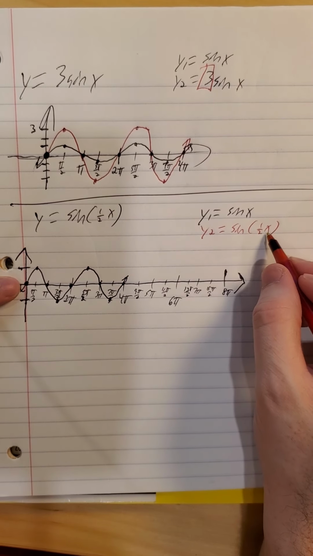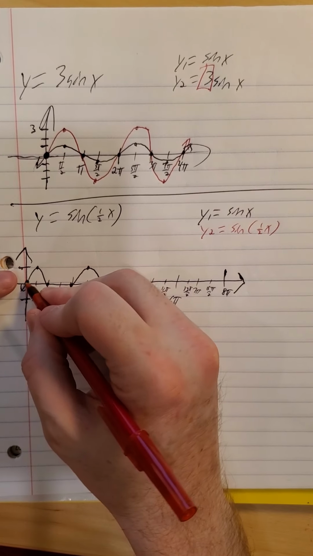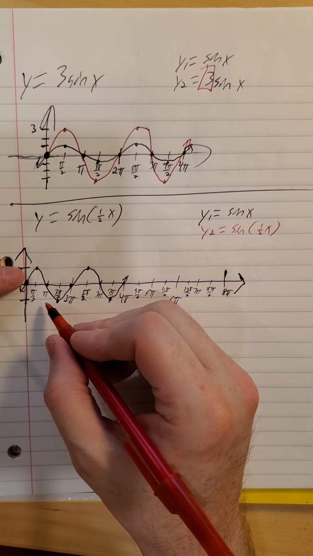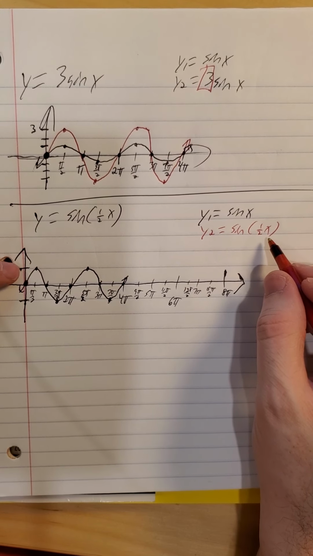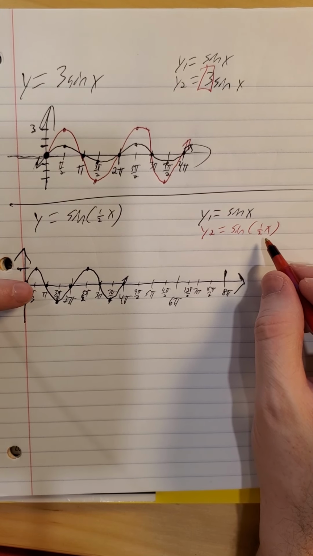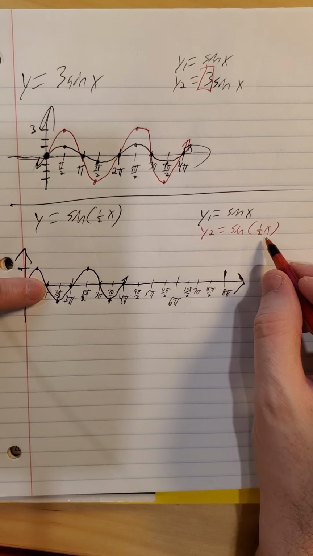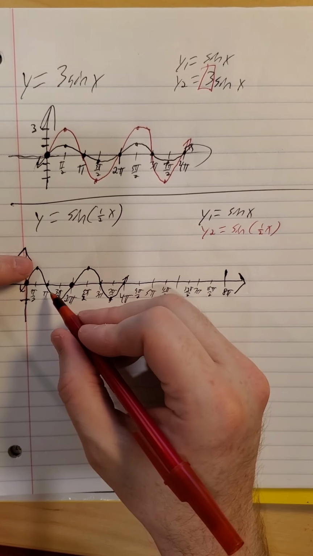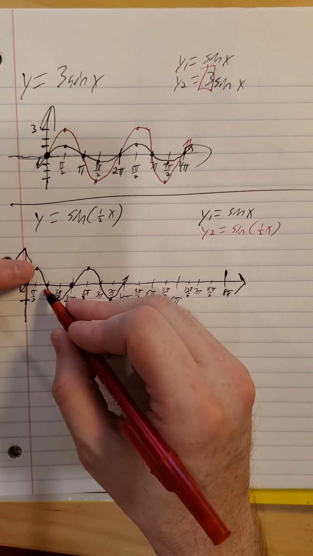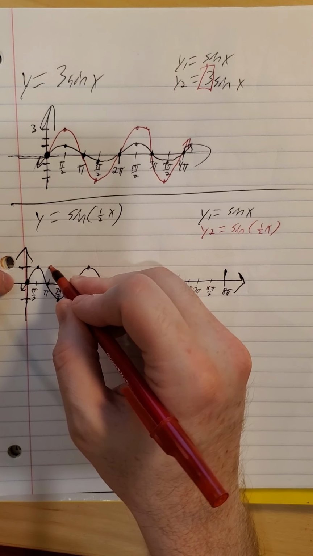Alright, to get a 0 in here, half times 0 is still 0. This guy is still nailed down where he was. To get, let's say, pi inside, I would have to go to 2 pi. To get a pi over 2 in there, I'd have to go to pi to get that done.